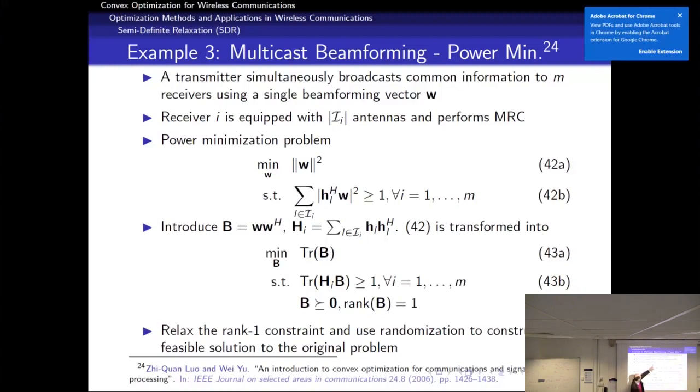Same trick again. This will be written as a trace of W W Hermitian.